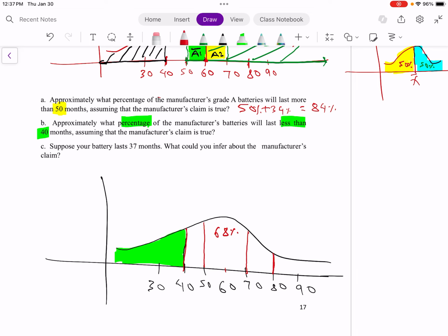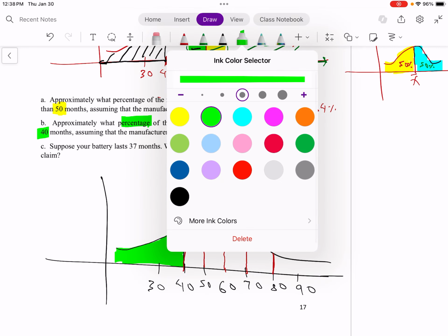Who can tell me what percentage of measurement is in between 40 and 80 using the empirical rule? 95. 40 and 80 are 2 standard deviations from the mean.